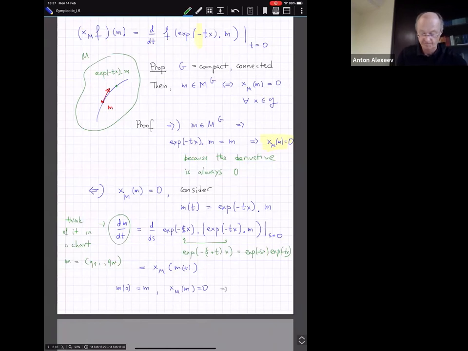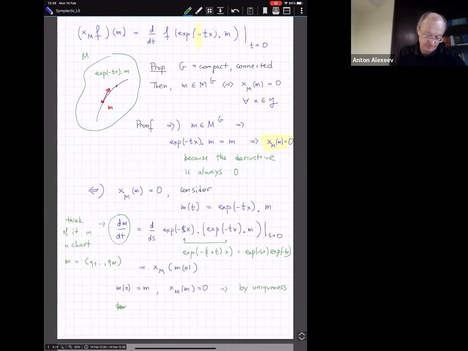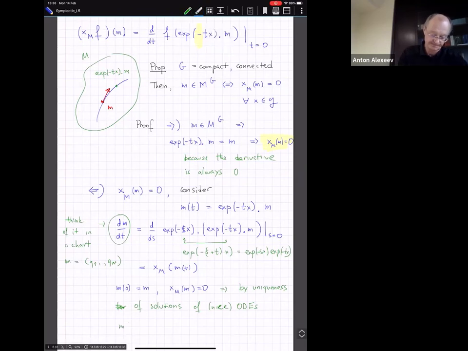So by uniqueness of solutions for nice ODEs, our solution is simply m of t equal to m for all t.